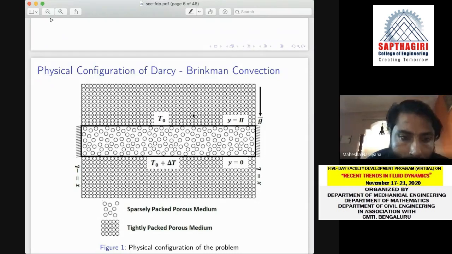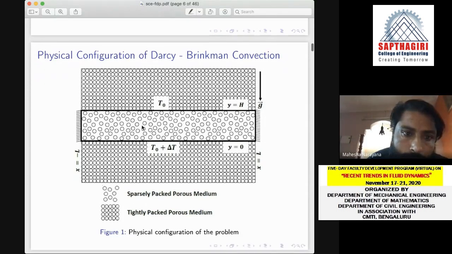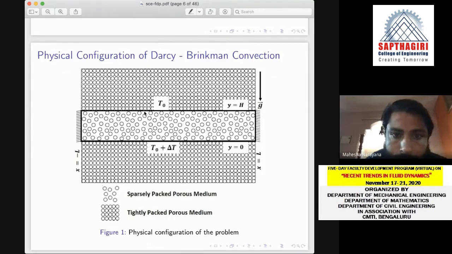So what does this do to this convection problem? The presence of this tightly packed porous medium underneath and above the enclosure enables the heat and the fluid to be exchanged with the environment. This mainly gives rise to what are called general boundary conditions.